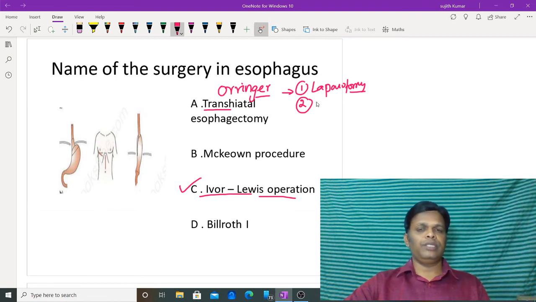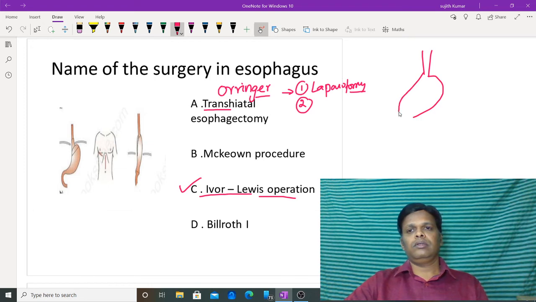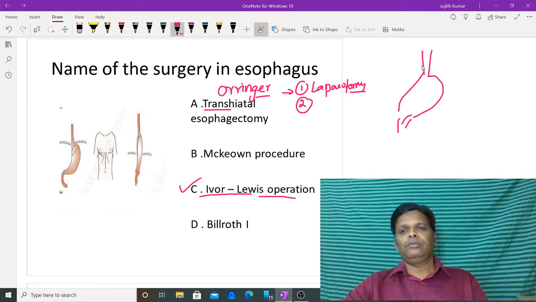I'll put another picture so you can assess. This is the lower end of the esophagus and the stomach. You do the dissection of this, and esophagectomy has to be done.